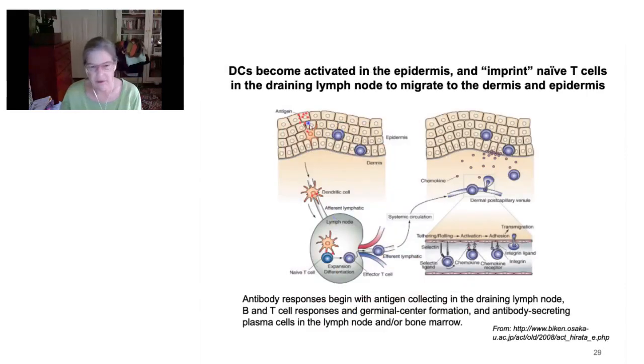So here's I think a little bit better of an example.